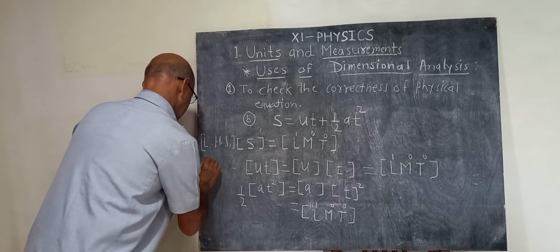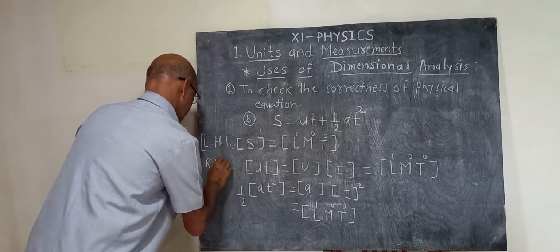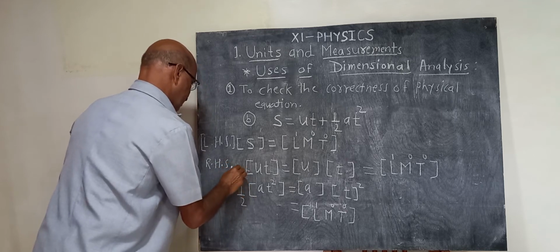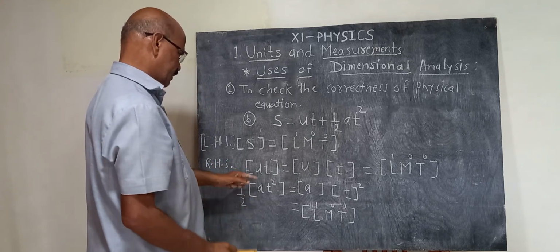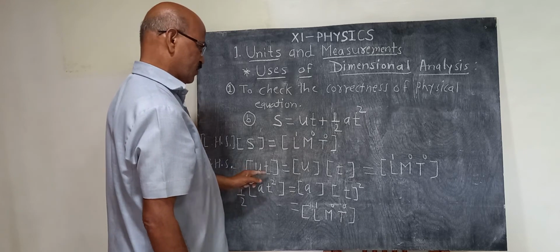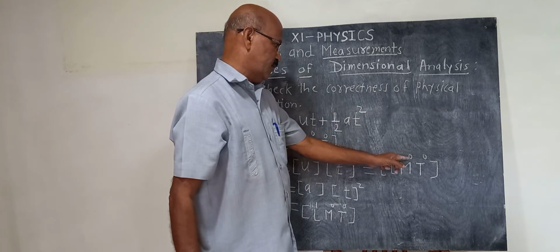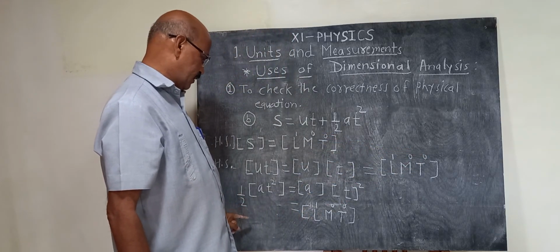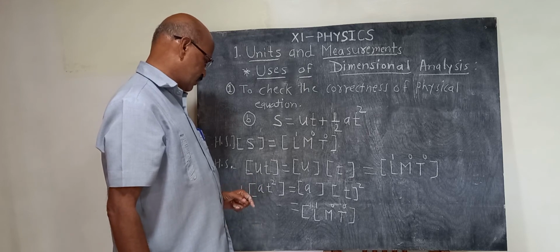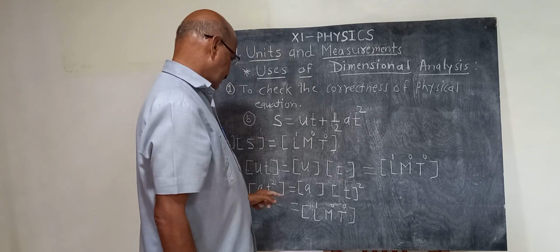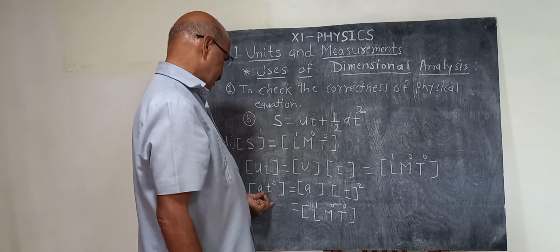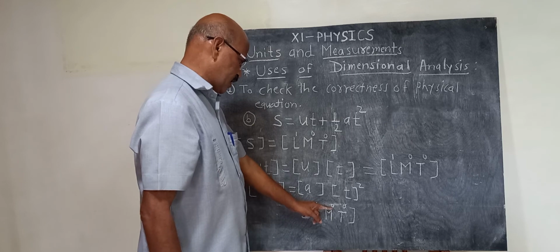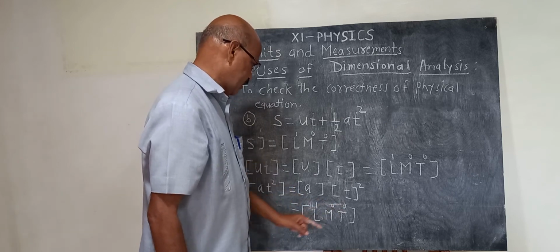So these are the dimensions of all the terms on the right hand side. That is, ut dimensions are 1 in length, 0 in mass, 0 in time. Half is a number, it is dimensionless, and the dimensions of at square are 1 in length, 0 in mass and 0 in time.